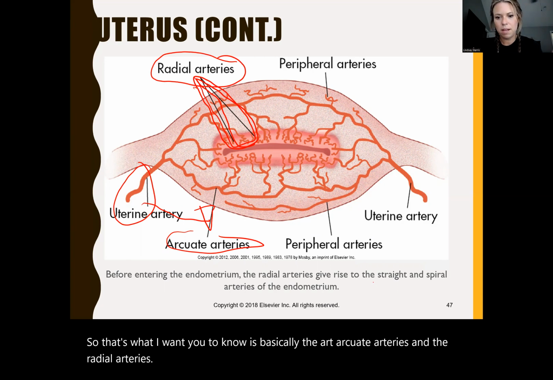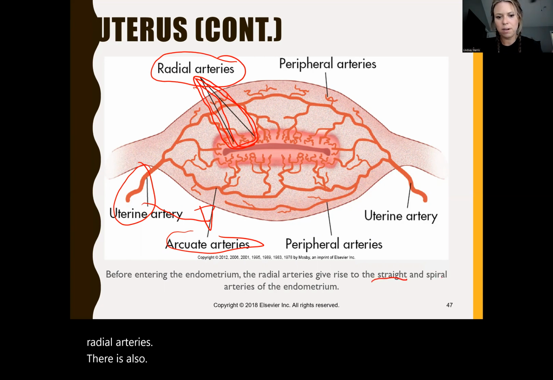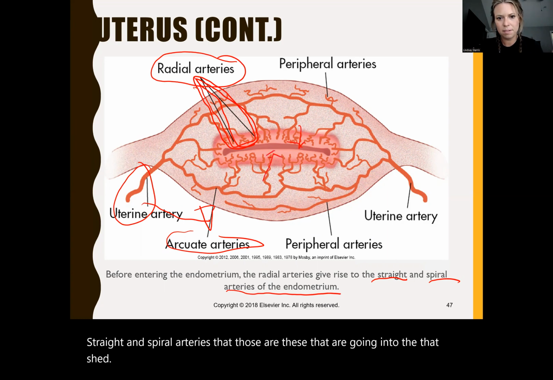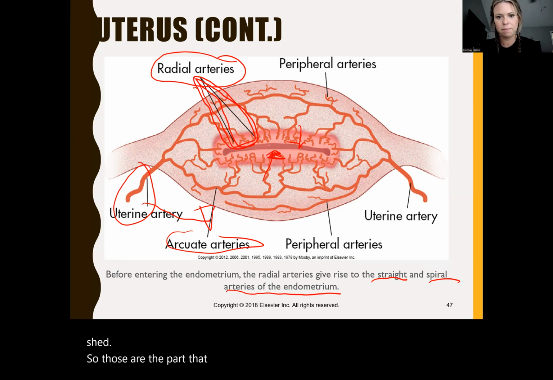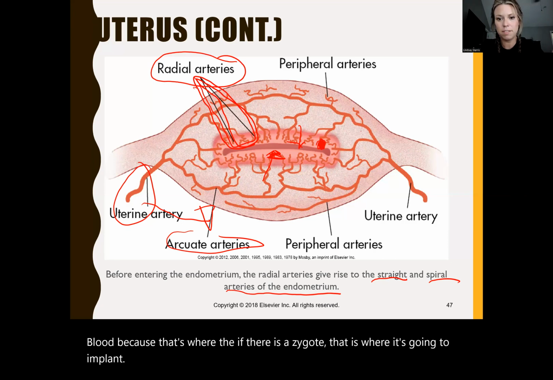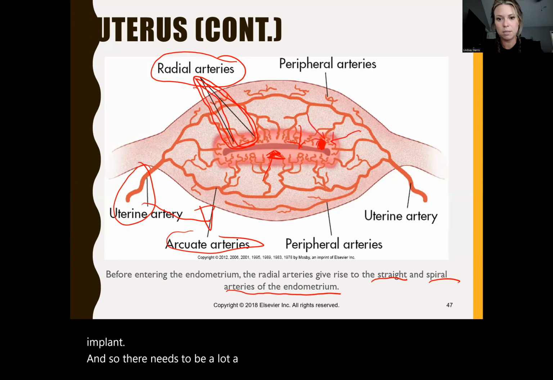There's also straight and spiral arteries that are going into the endometrium that shed. Those are the part that bleed. The endometrium needs a lot of blood because if there is a zygote, that is where it's going to implant. And so there needs to be a lot of different branches to support that little baby if it implants in there.